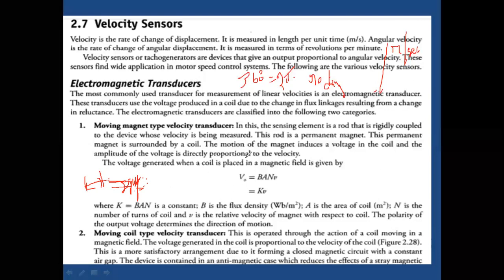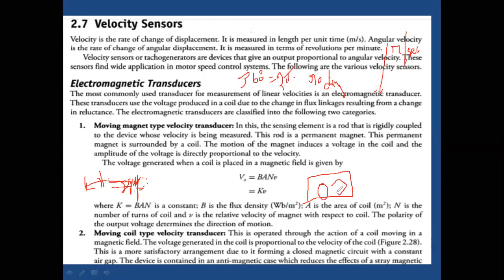In the case of a transducer, along with the sensor I have some circuit, suppose a Wheatstone bridge. A transducer is capable of converting one form of physical quantity into another form, an electrical quantity, so we call it a transducer.